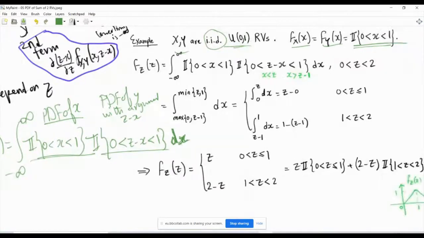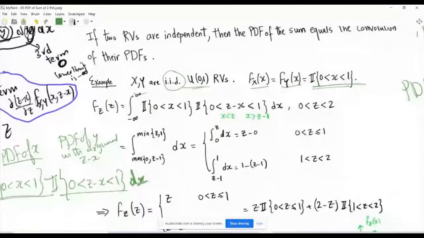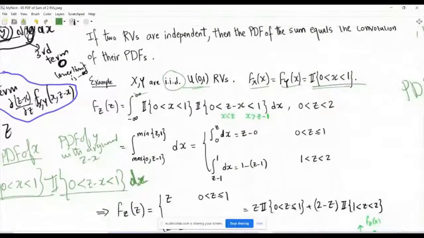So what is our integration now? The first indicator again tells you that x is from 0 to 1. The second inequality can be written as two inequalities. z minus x greater than 0 means that x is less than z.